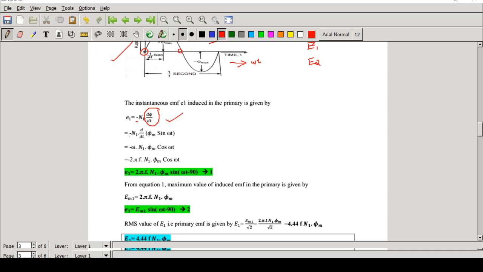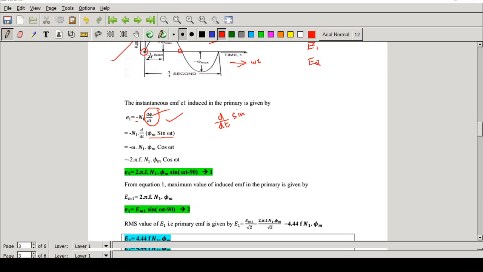Now I will substitute for phi, which is phi m sin omega t, and differentiate. Phi m is a constant, so I can take it outside. What is d by dt of sin omega t? It is omega into cos omega t.